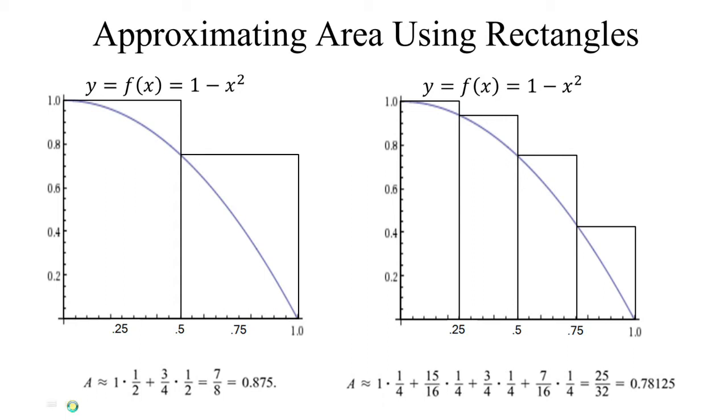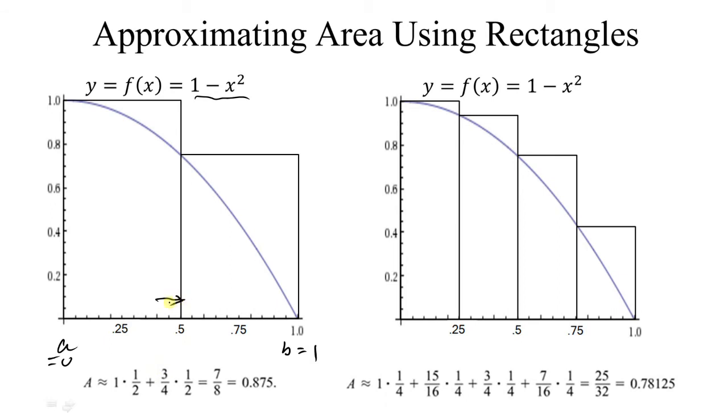For instance, suppose we had the function f of x equal to 1 minus x squared, which is a parabola pointing down. Suppose we decide to estimate it by using two rectangles, and so we start out at A, which is 0, and B, which is 1, and break the base up into two intervals.